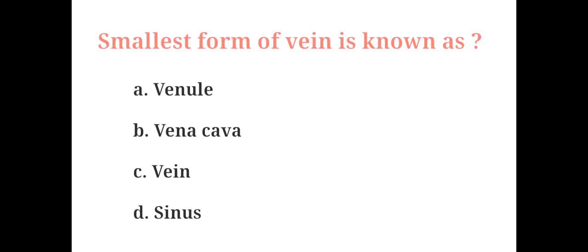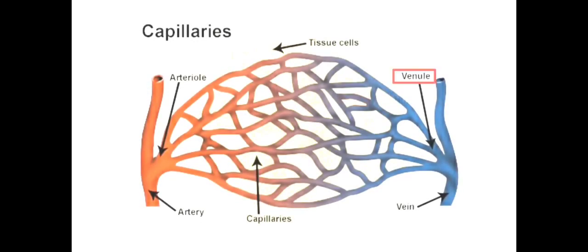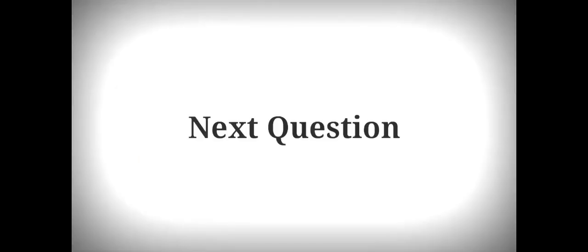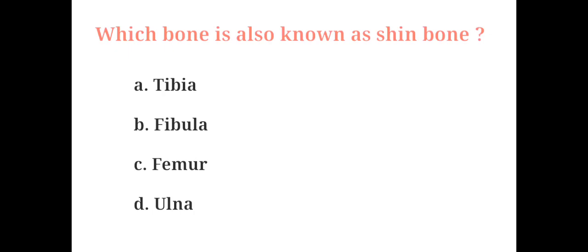Smallest form of vein is known as. The correct answer is A. Venule. A venule is a very small blood vessel in the microcirculation that allows blood to return from the capillary beds to drain into the larger blood vessels, the veins. Which bone is also known as shin bone? The correct answer is A. Tibia.